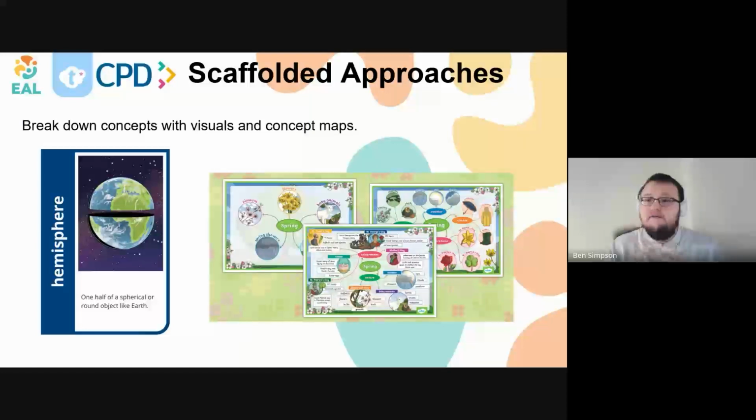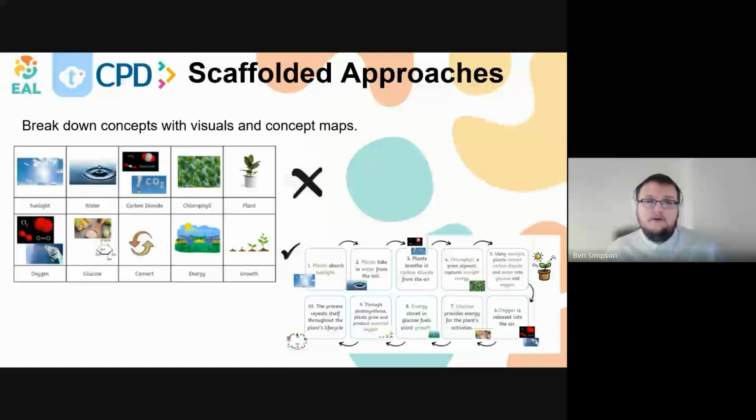They really break down ideas into clear, succinct information that can be understood by a multilingual learner. So we should focus on effective visual support. So seeing vocabulary in context and providing visual support for those words.